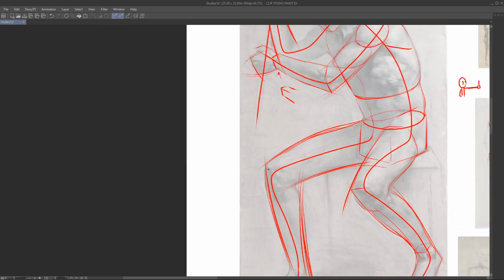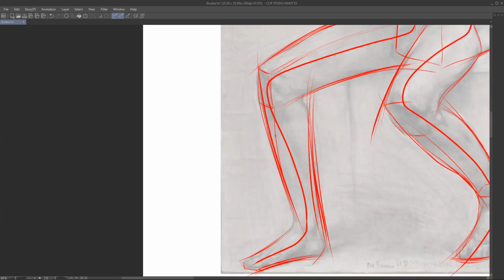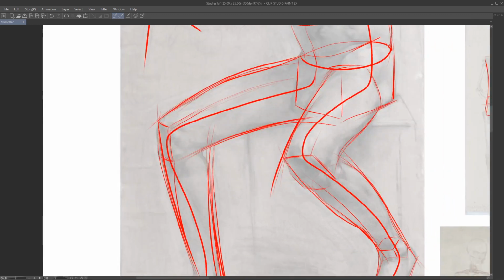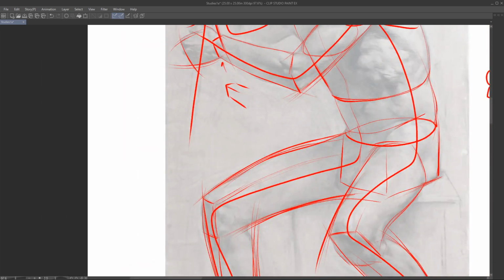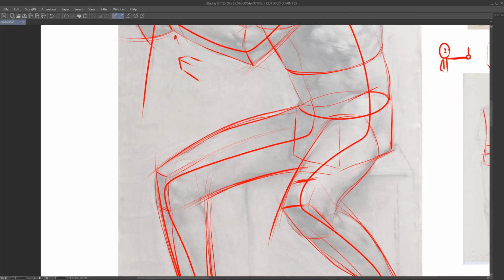So these thighs here, you can kind of box the ends of them with the knees. They are the cylinder tubes, but they have kind of a box for the knee shape at the end of them. And then there's the principle of those parallel lines, see, over the top of the thigh, like that, over the side of the thigh.